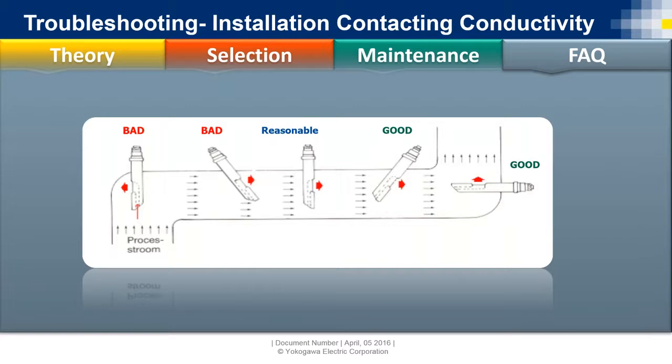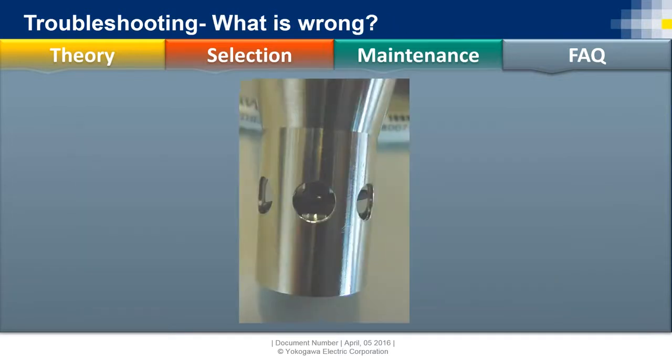So we just need to make sure that we install it where the flow is going to go through the flow fitting and the sensor itself correctly as well. So in this application, we recommend you doing the one on the far right, going on the elbow, going upwards if you have to. That way the flow goes in the sensor and out the sensor correctly, so you get the process solution to pass by these contact measurement elements as well.